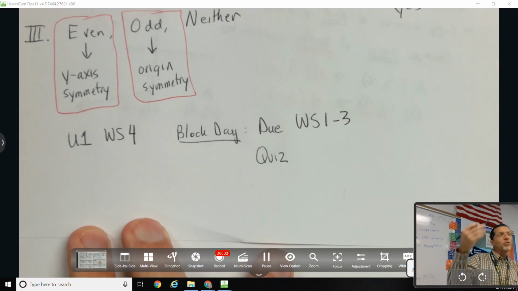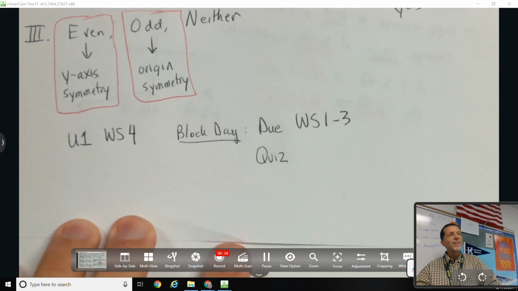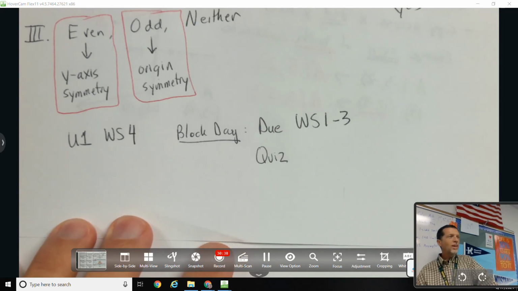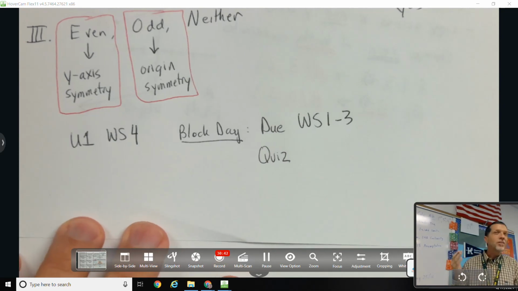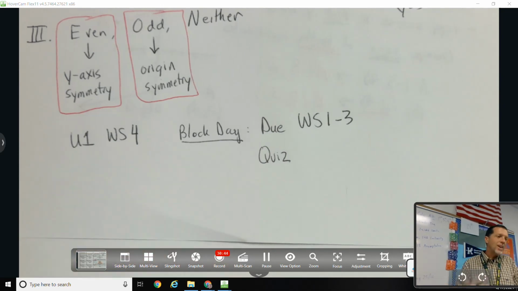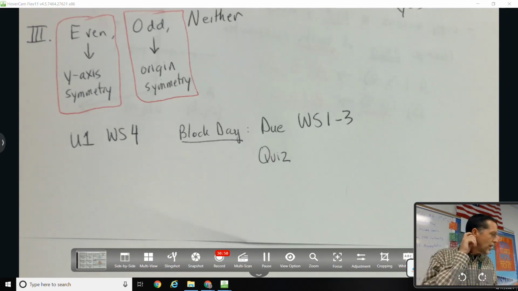And again, it's due when we come in and get settled and I say pass them up. If you're not done and you want to use the rest of the time, like while you're taking notes, to try to get it in, that's fine, but it's going to be late. So it's due when I say pass them forward. After that, it's late. You've got plenty of time to do it. Worksheet 3 should be completed by now, so it shouldn't be an issue. But just laying that out there.